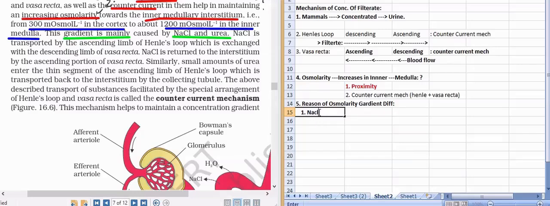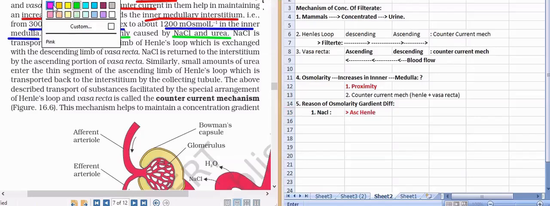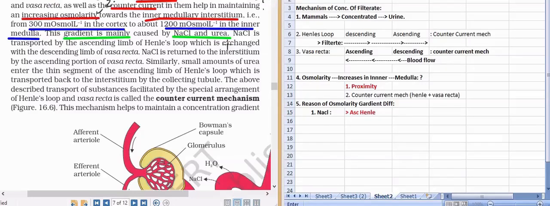NaCl. What's happening with NaCl? First, how is NaCl transported?